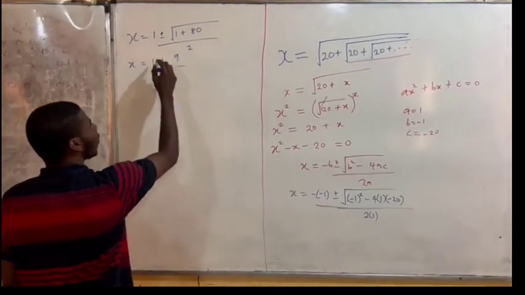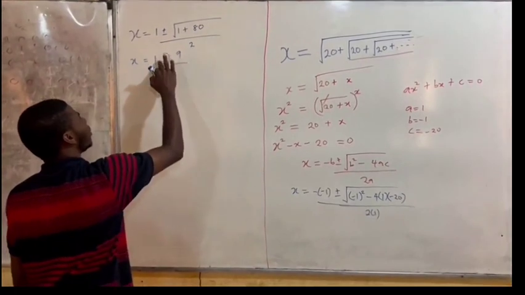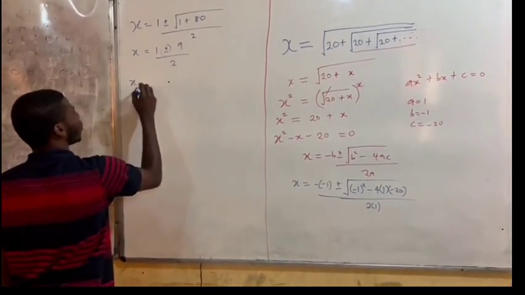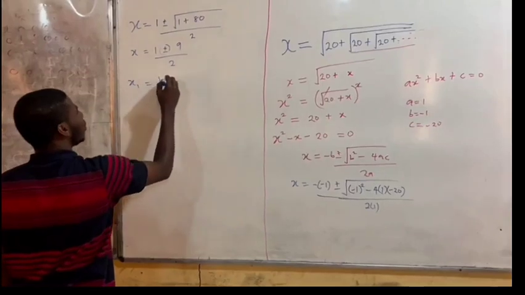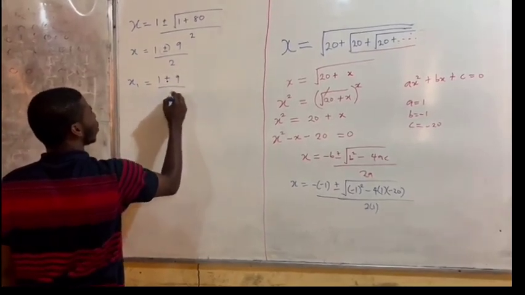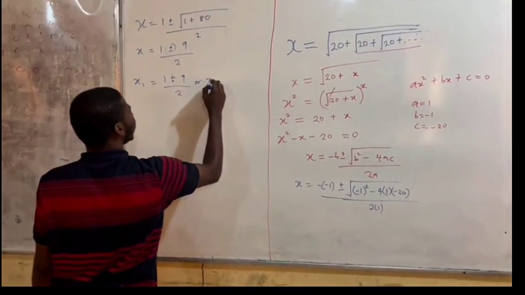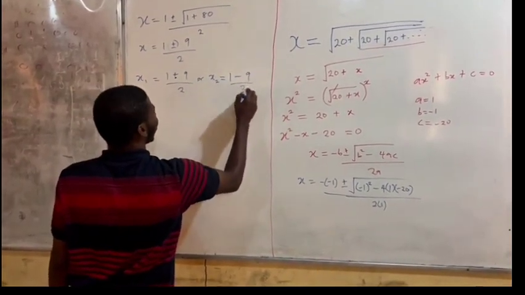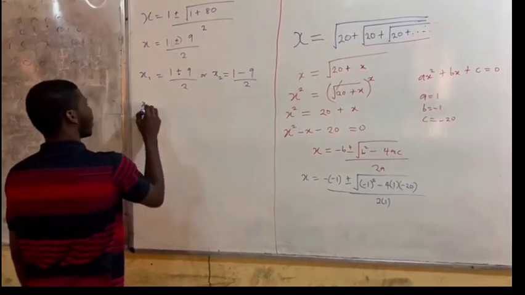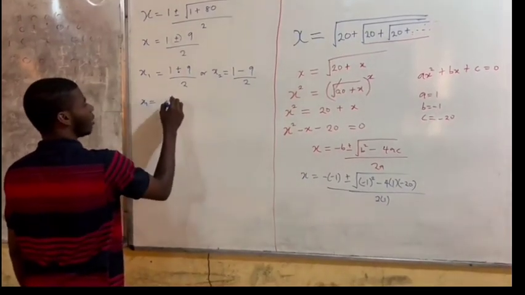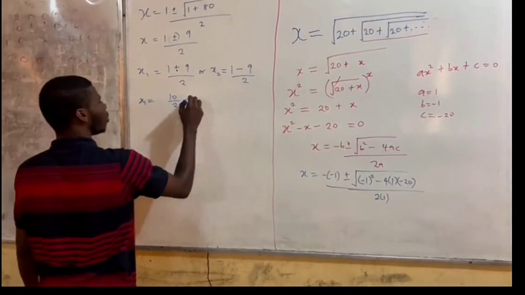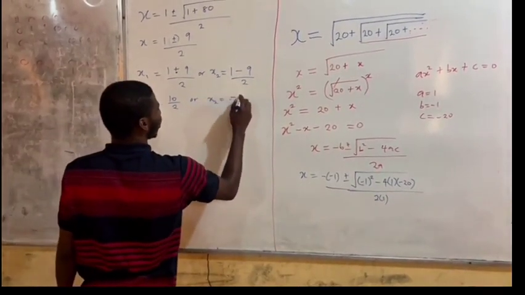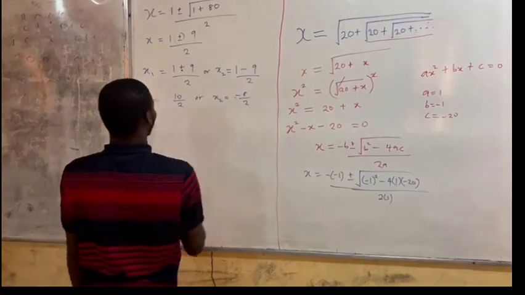Now because of this plus or minus, we are going to have two values for x. So x1 is equal to 1 plus 9 over 2, or x2 is equal to 1 minus 9 over 2. And x1 is 1 plus 9 is 10 over 2, or x2 is equal to 1 minus 9, which is minus 8 over 2.